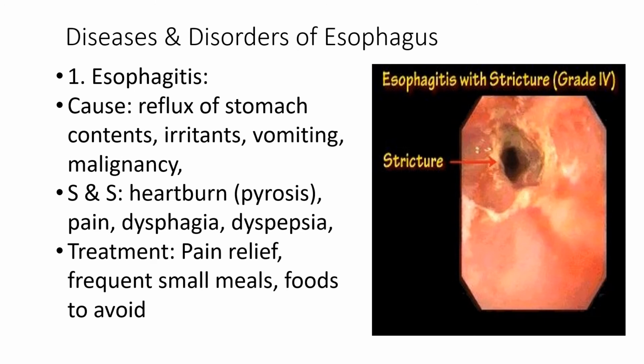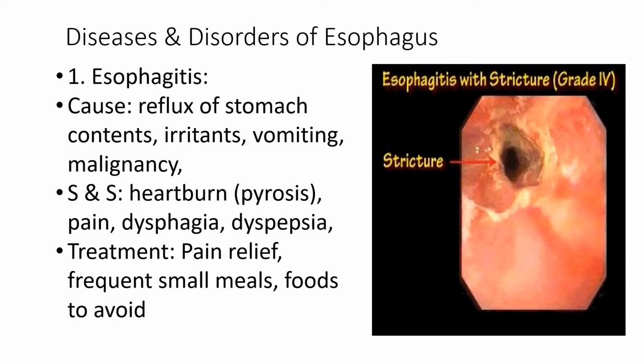Diseases of the esophagus. Gosh, they're annoying and they're very painful. Esophagitis. It causes reflux of the stomach contents. There are irritants, vomiting, and potential malignancy. Why? Every time an acid continues to burn the inside of the smooth mucosa of the esophagus, it becomes irritated. It's a constant source of irritation.